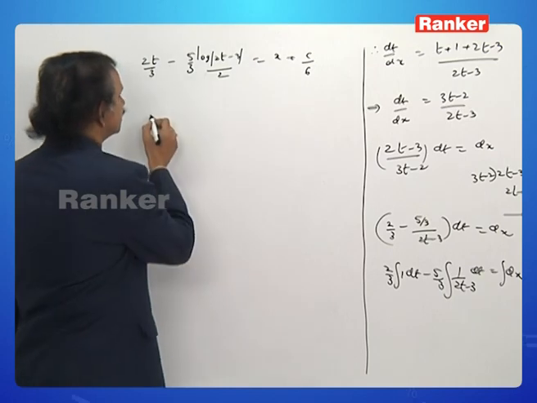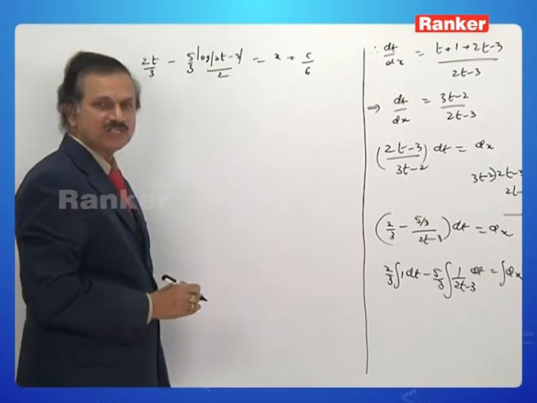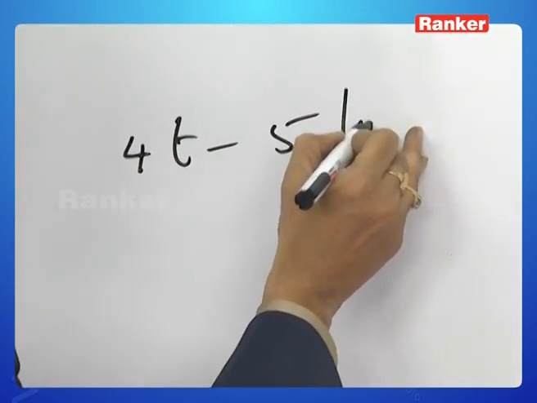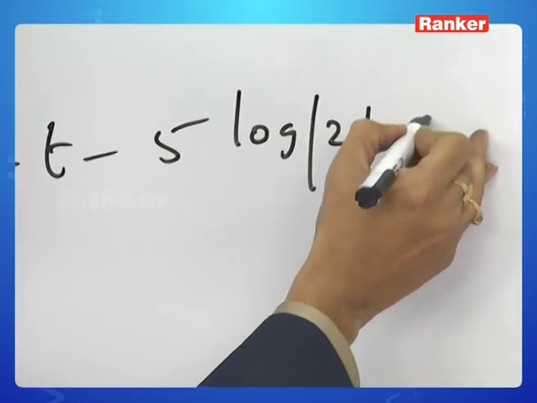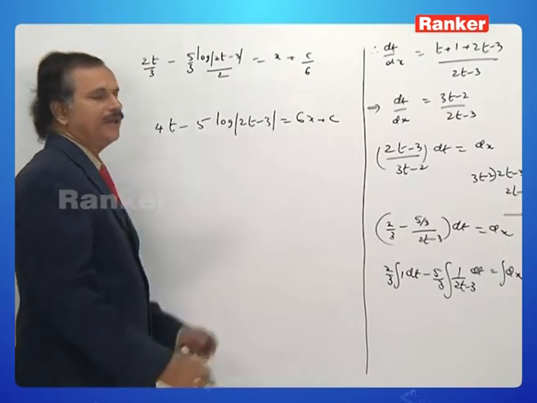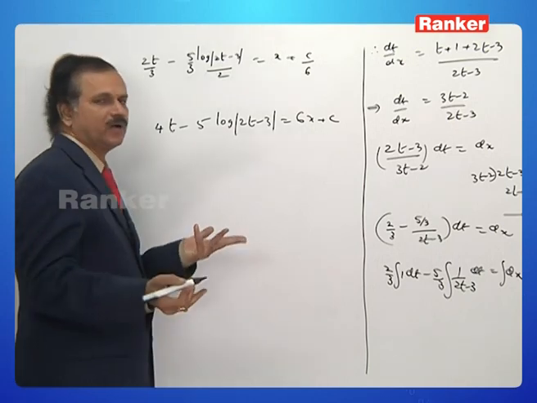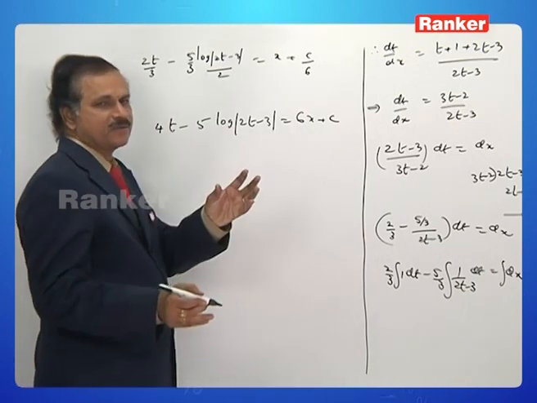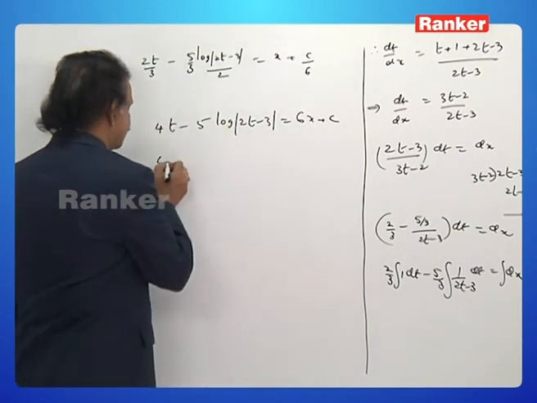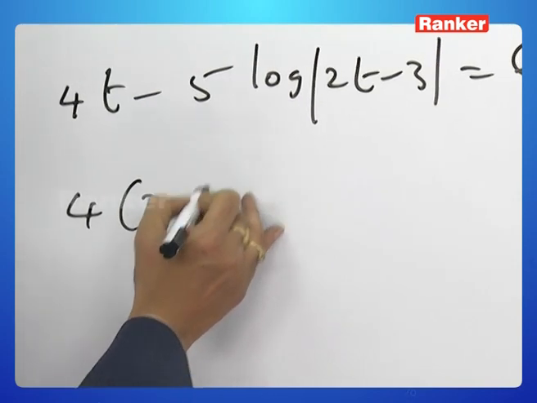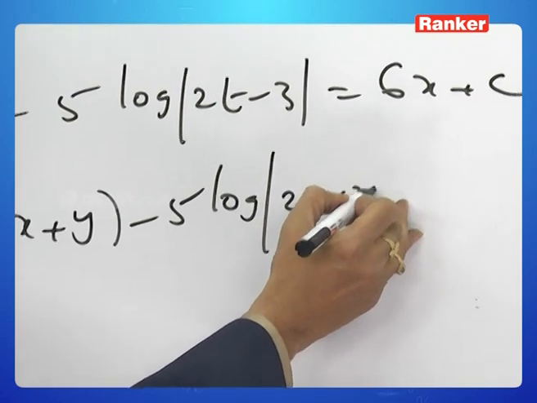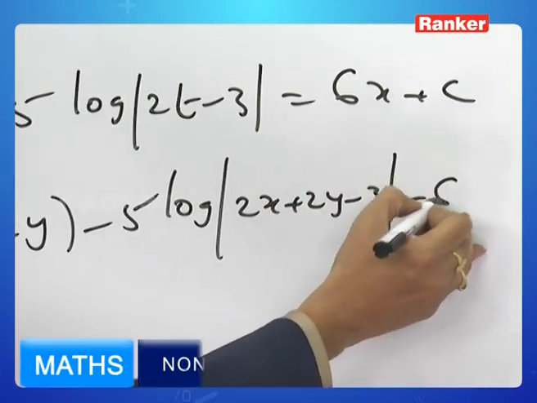Okay, right, let me multiply with 6, so that 4t minus 5 into log mod 2t minus 3 is equal to 6x plus c. Now you replace x plus y in the place of t, that is that expression which we have supposed t in the beginning itself. Okay, right, what is that? 4 into x plus y minus 5 into log of 2x plus 2y minus 3 is equal to 6x plus c.